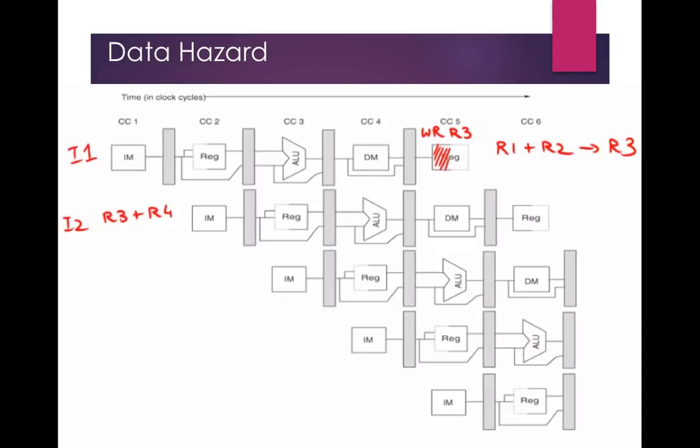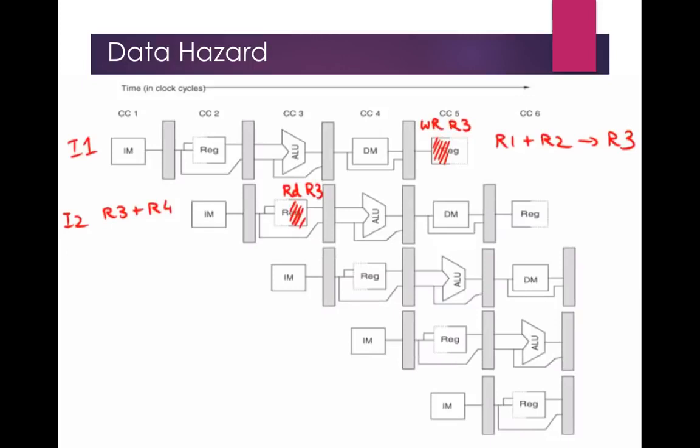The result of R3 is written only at clock cycle 5, but we fetch the operand R3 at clock cycle 3 itself for the second instruction. That leads to a hazard, because when a series of instructions is executed, the result of R1 and R2 stored into R3 has to be used for instruction 2.